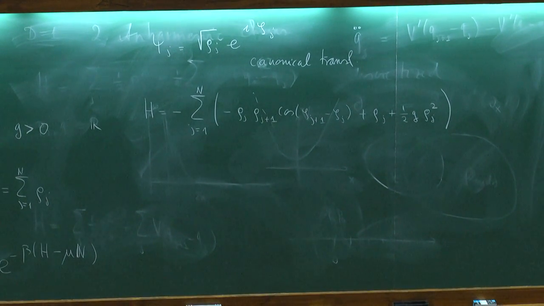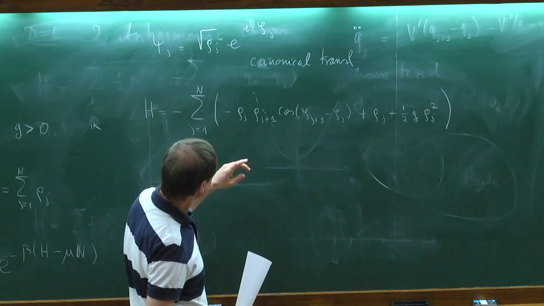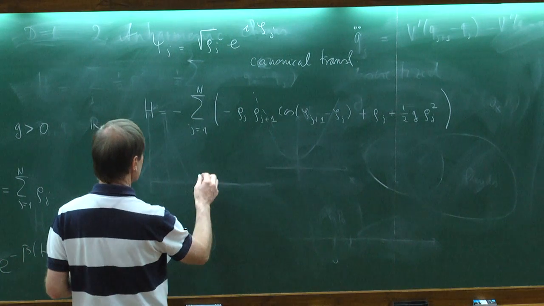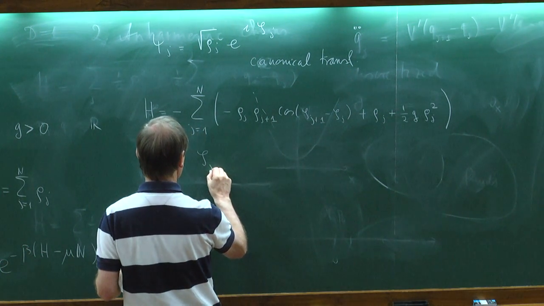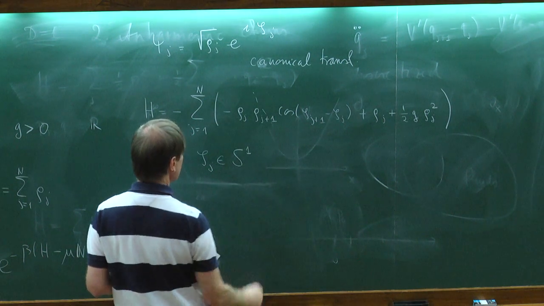And I just want to compare this with what we had for the anharmonic chain. So if you look at it, there are two main differences. First of all, these variables are not living on the real line, but they are living on the circle.